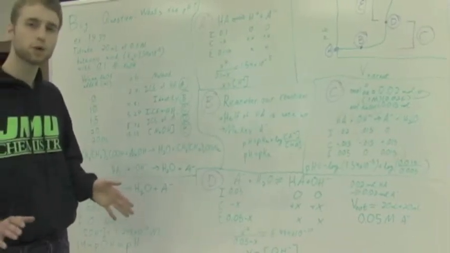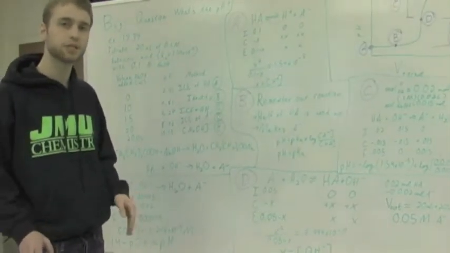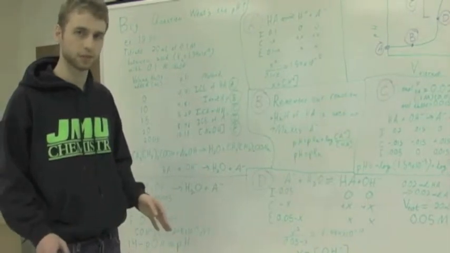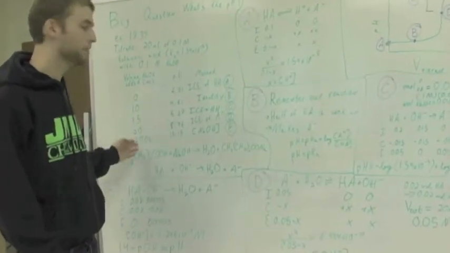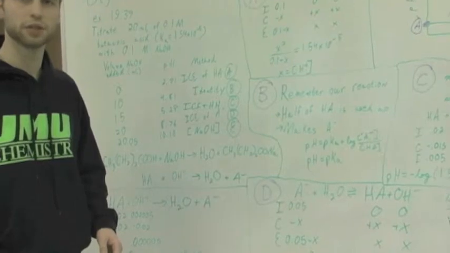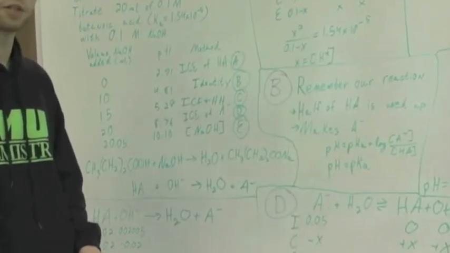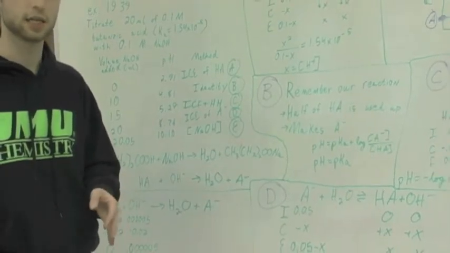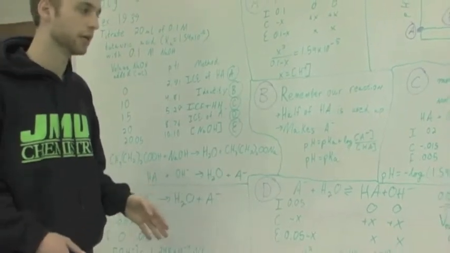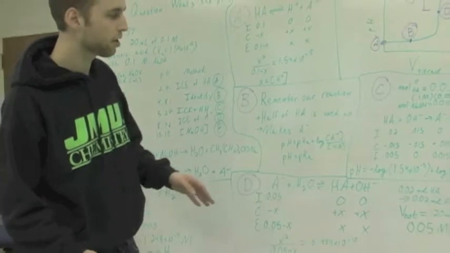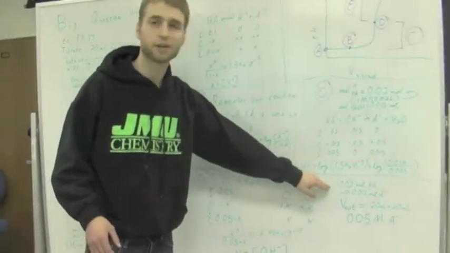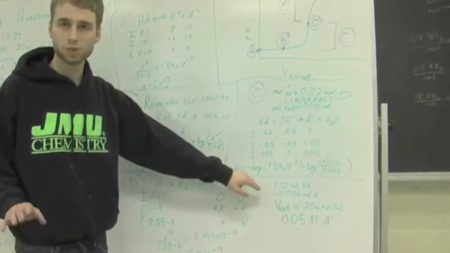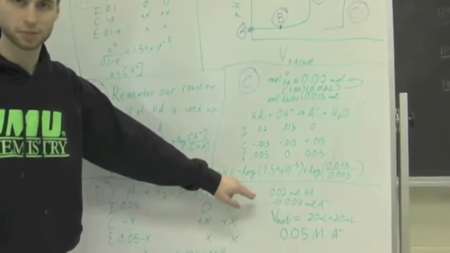Now the fourth thing we're going to do is find the pH of this solution at the equivalence point. This is after I've added 20 mils of NaOH to my conjugate acid solution, which means all of my conjugate acid has reacted to turn into conjugate base. And I've gone and written that down here. Now remember, it's a 1-to-1 ratio in terms of the stoichiometry.